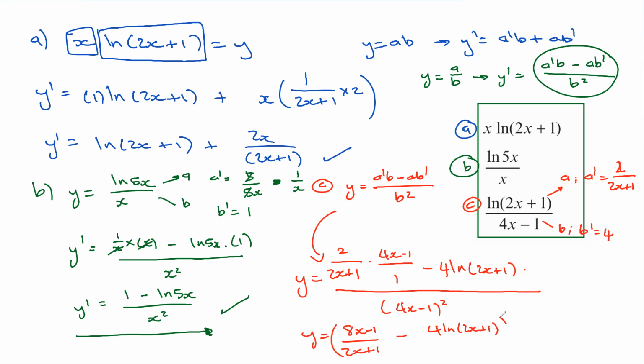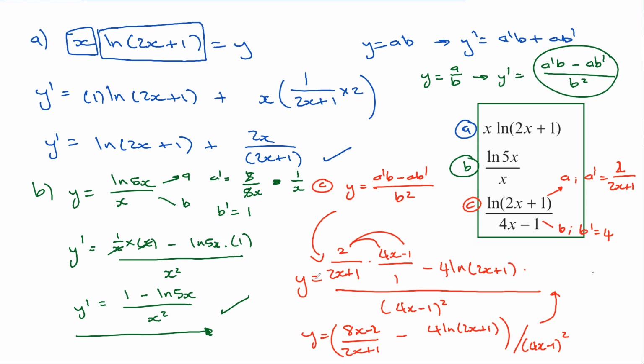And the whole thing is divided by 4x minus 1 squared. It'll become 2x. This is, by the way, 8x minus 2. And then 2x plus 1, that's a single fraction. We could bring that into a single fraction in the last step here. So let's see if I can put that in there.